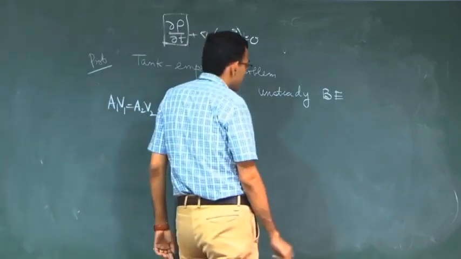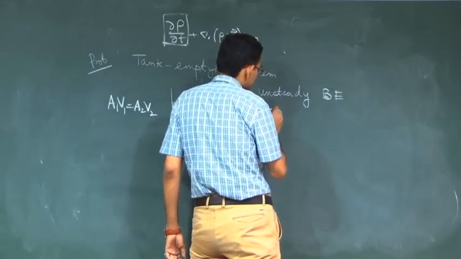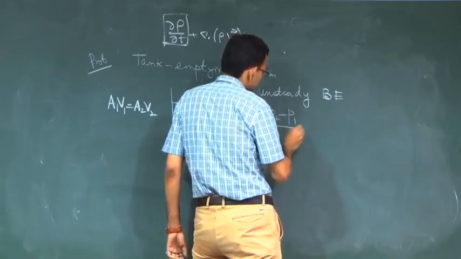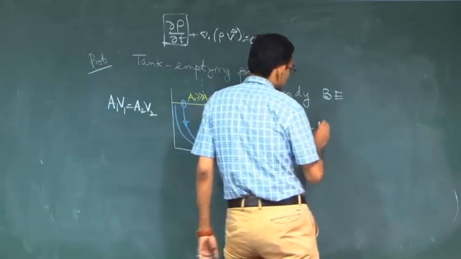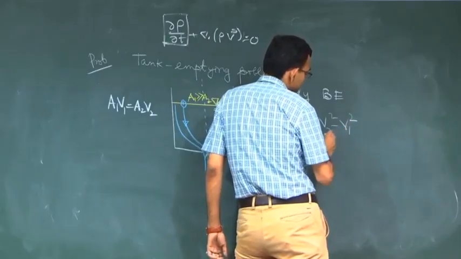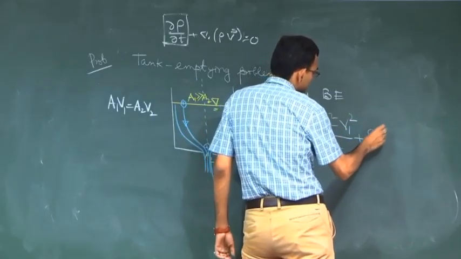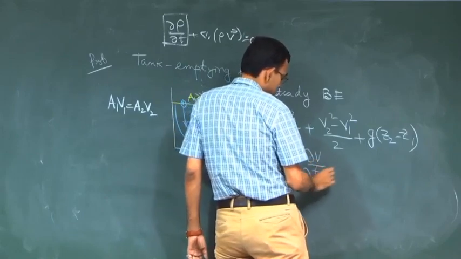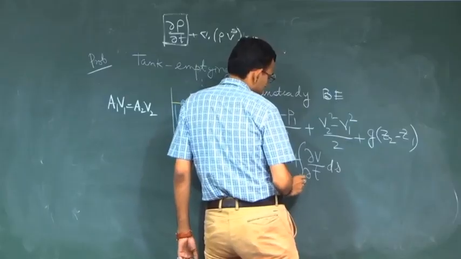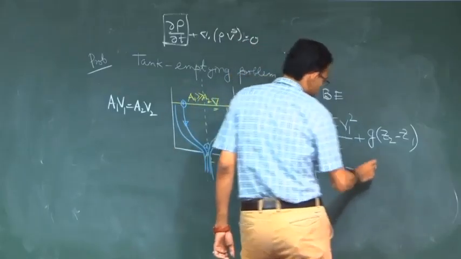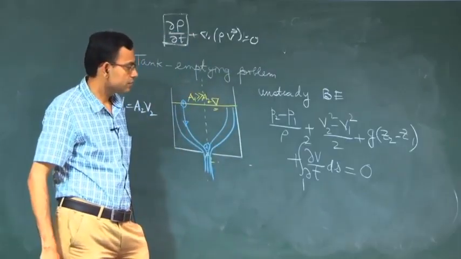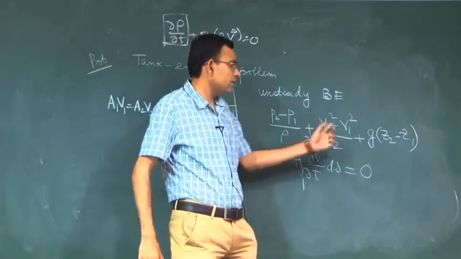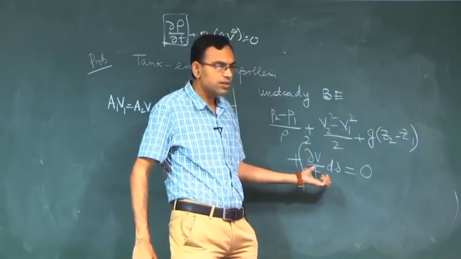Then let us write the unsteady Bernoulli's equation, which is more important. In addition to the normal terms, the additional term is because of the unsteadiness.